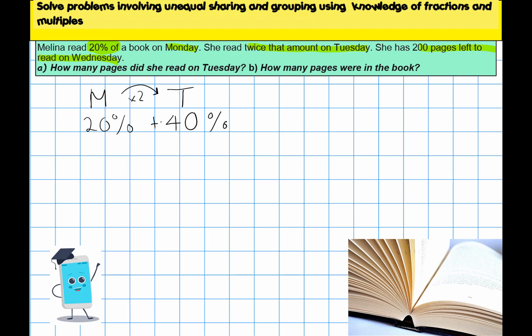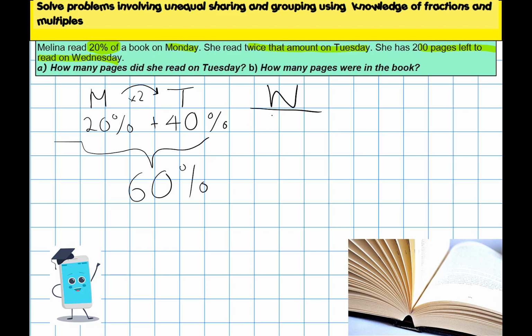On Wednesday, she's left with 200 pages to read. Okay, so she's got 200 pages left to read. What percentage does she have left to read? If she's read 20% and 40%, what percentage is there left? Well, between these 2 days, she's read 60%.